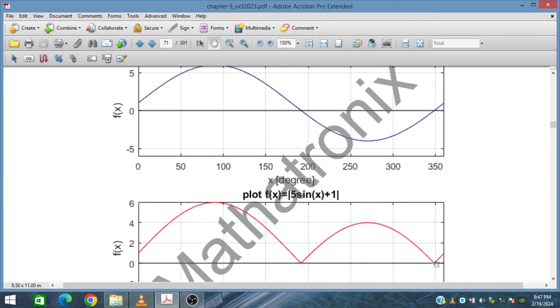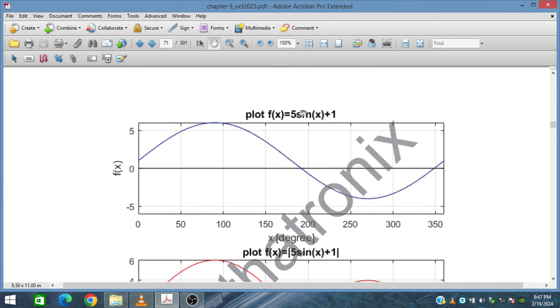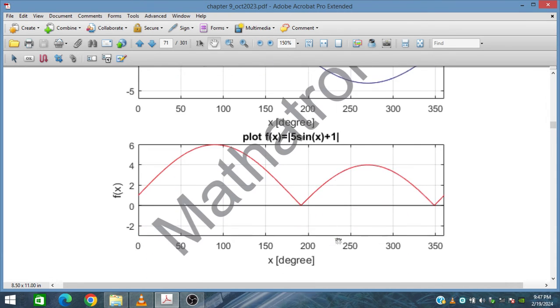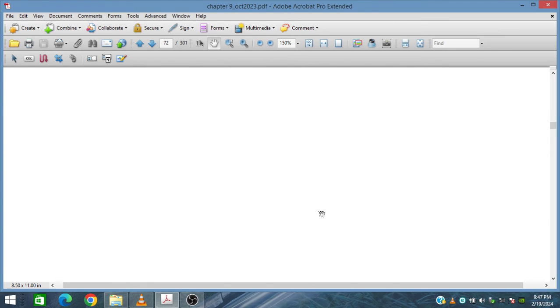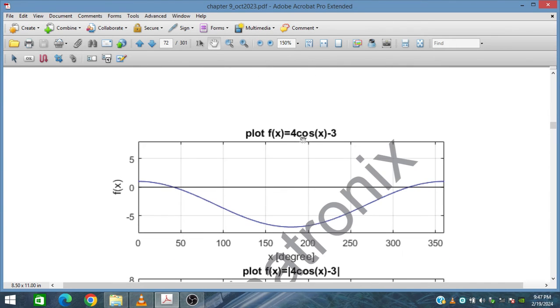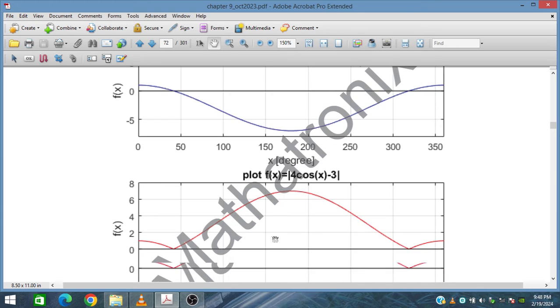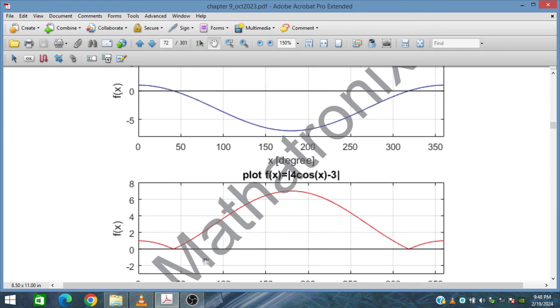So this is simple 5 sin x plus 1, and its range can be seen as from 0 to 7. Similarly for 4 cos x minus 3, the value is like this. For the modulus value, it becomes positive like this. So its minimum value is 0 and the maximum value is 7.